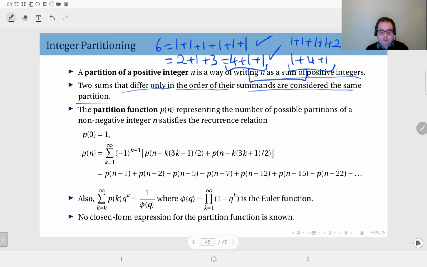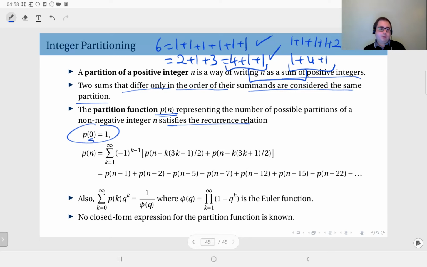The partition function P of n, representing the number of possible partitions of a non-negative integer n, satisfies this recurrence relation. Of course, P of 0 is 1 because there is only one way to express 0, and this is not a positive integer anyway, but we just treat this as the empty sum, okay?